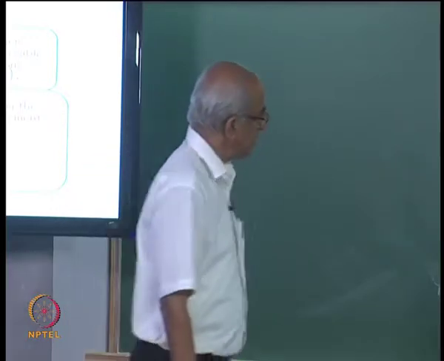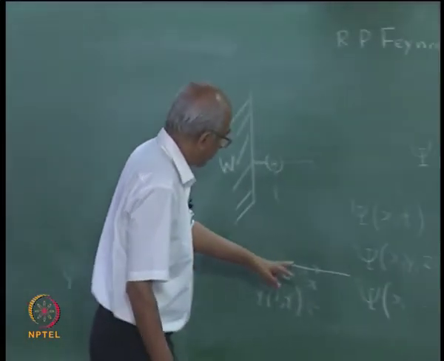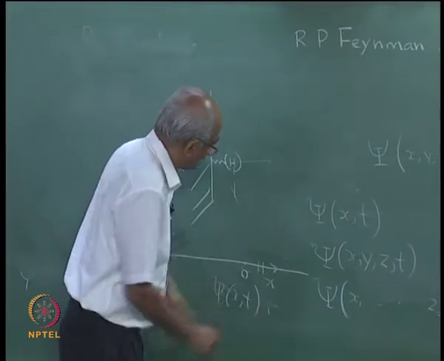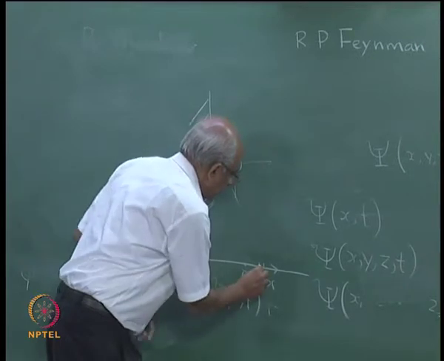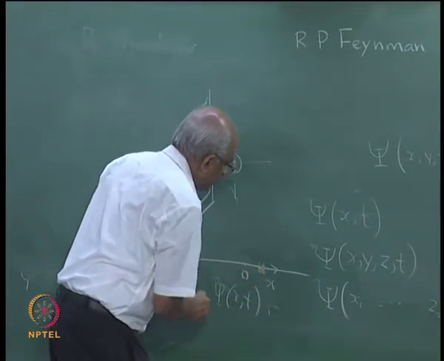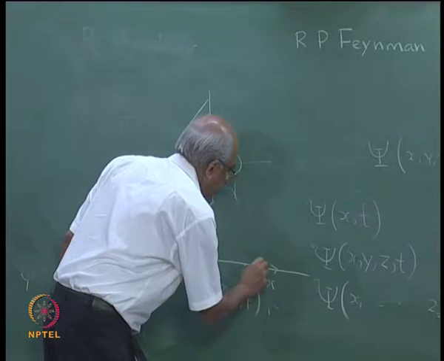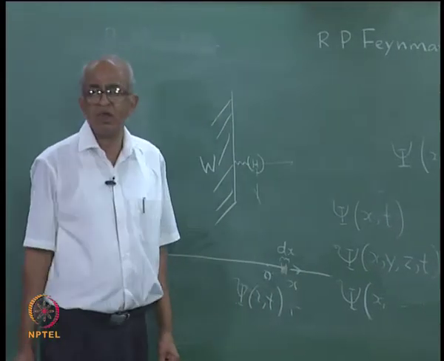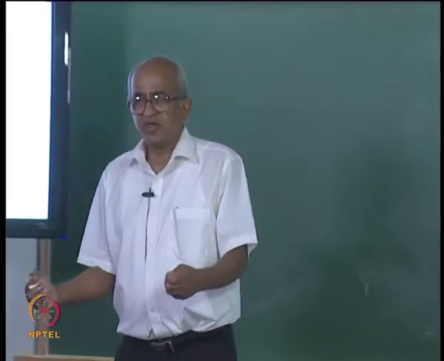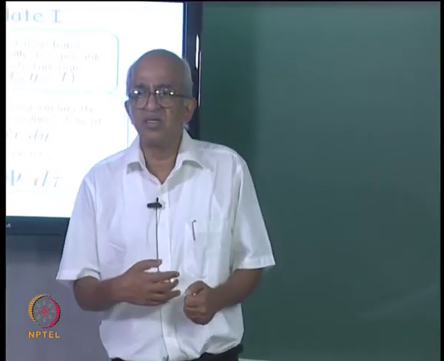So, if we wanted to calculate the probability of finding the electron in this small tiny interval, how much is the length of that interval? The length of that interval is dx. So, using the wave function you can actually calculate this probability.